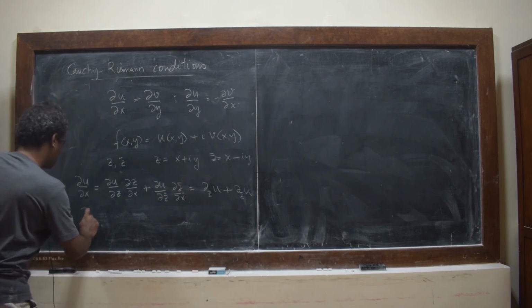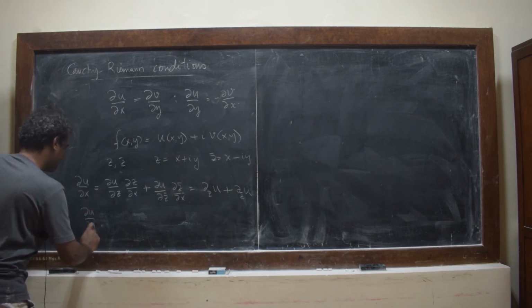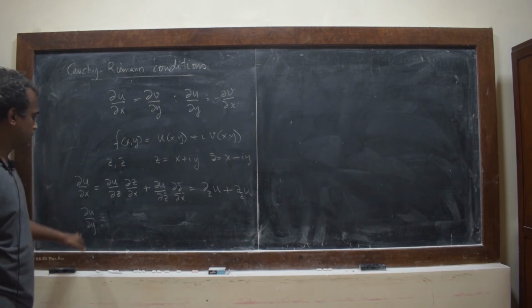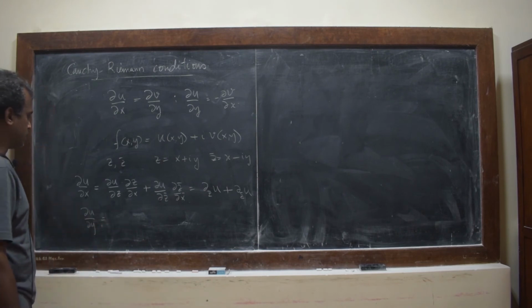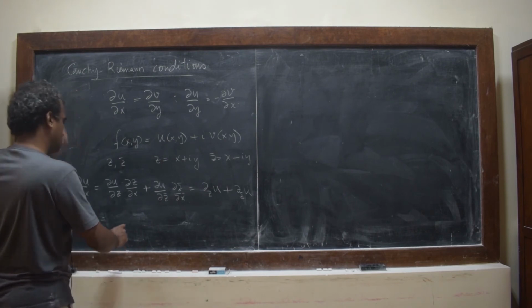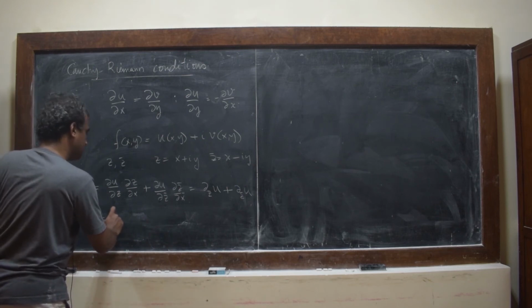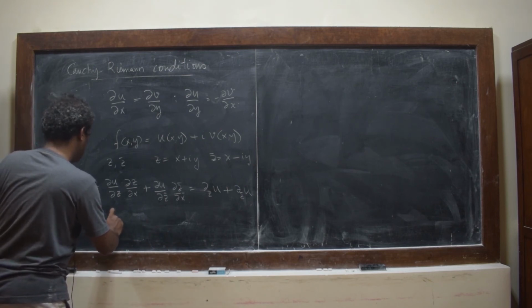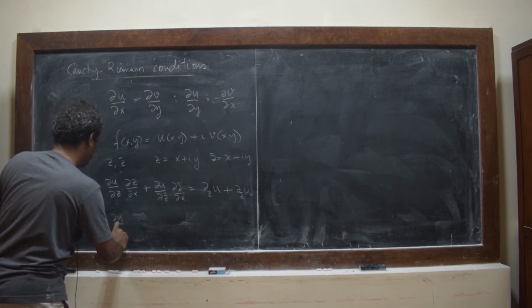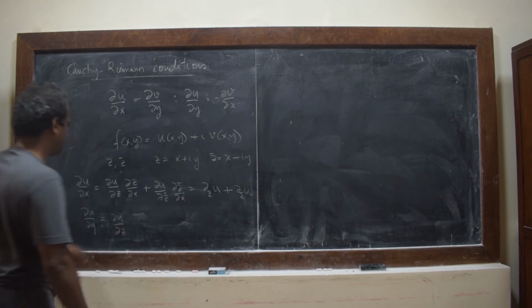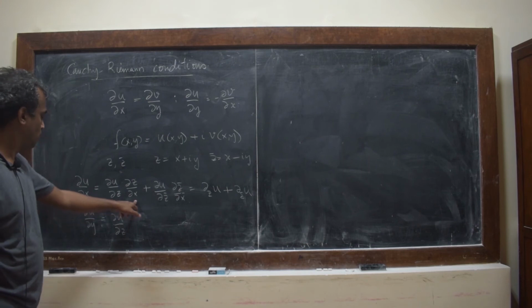Similarly, you can write del u by del y as well in the same set of coordinates, which will take the form clearly del u by del z into del z by del y.